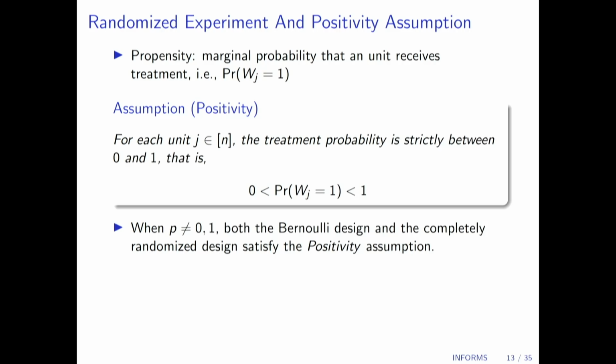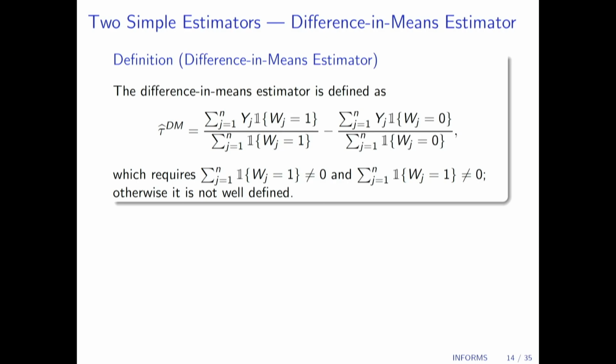And when p is not equal to 0 and 1, then the Bernoulli design that we talk about of coin flipping and the completely randomized design that we talk about by looking at the card shuffling, both of them satisfy this positivity assumption.